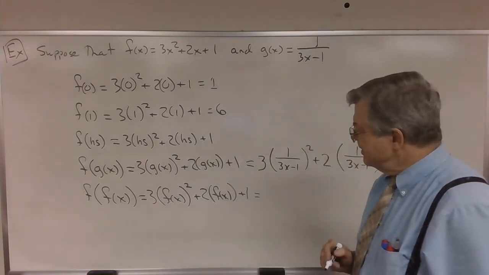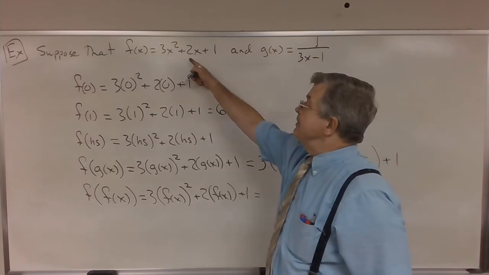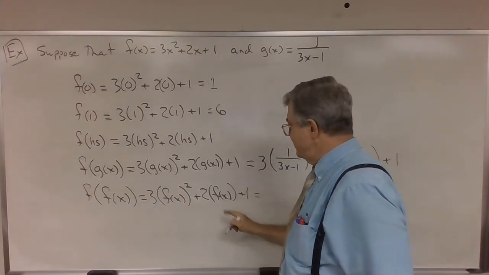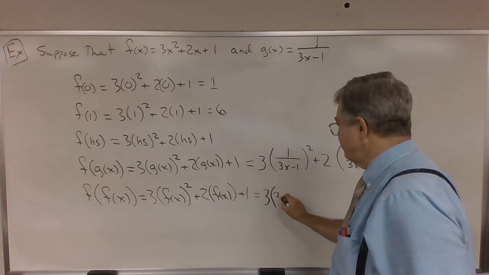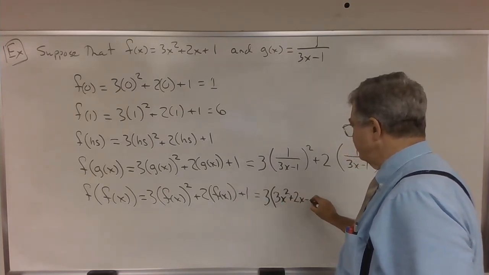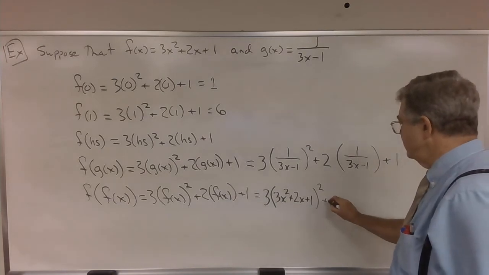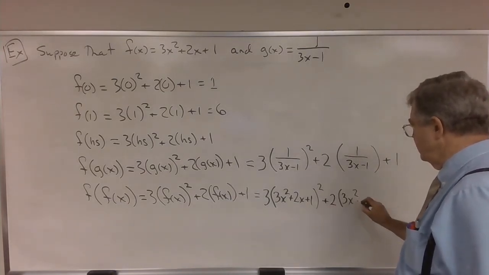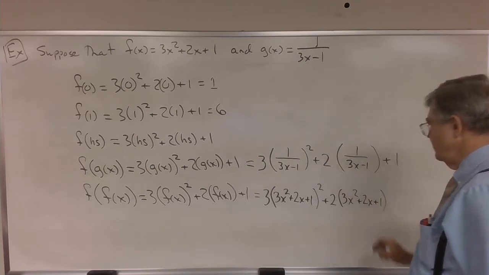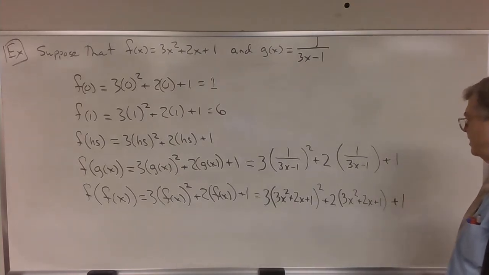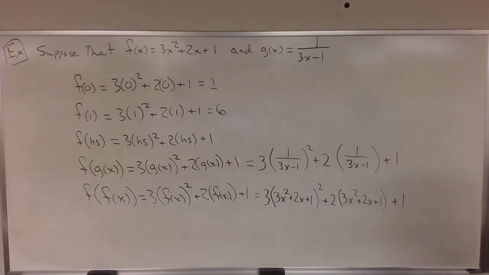And now I can substitute 3x squared plus 2x plus 1 for f of x. Voila. Now look at that for a second or two, and we're going to do some new exercises.